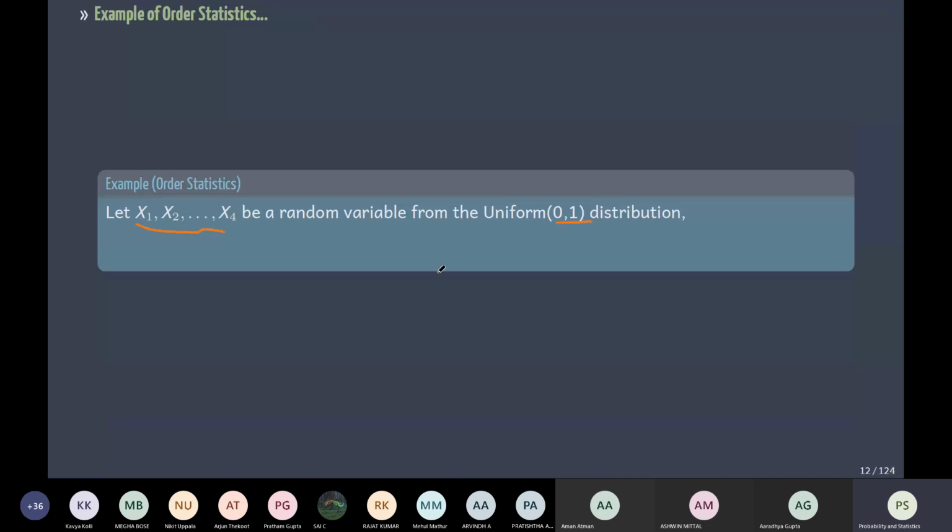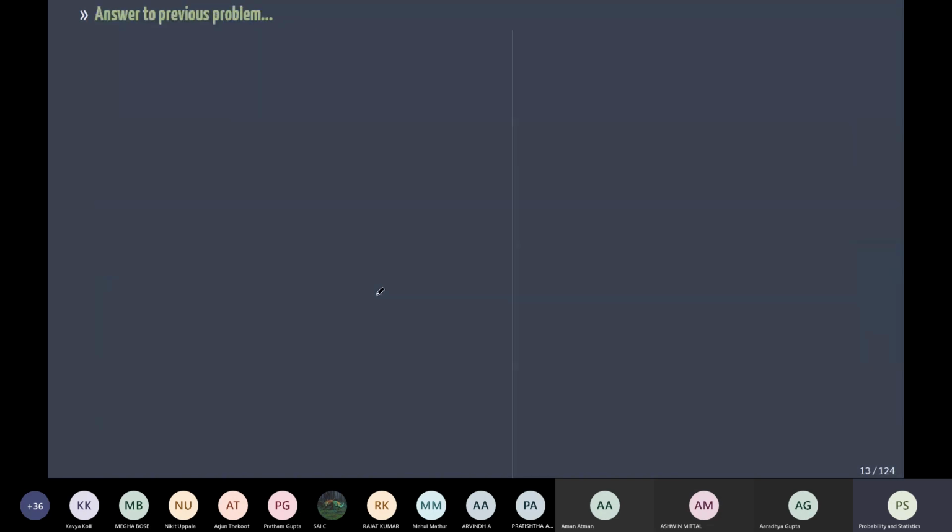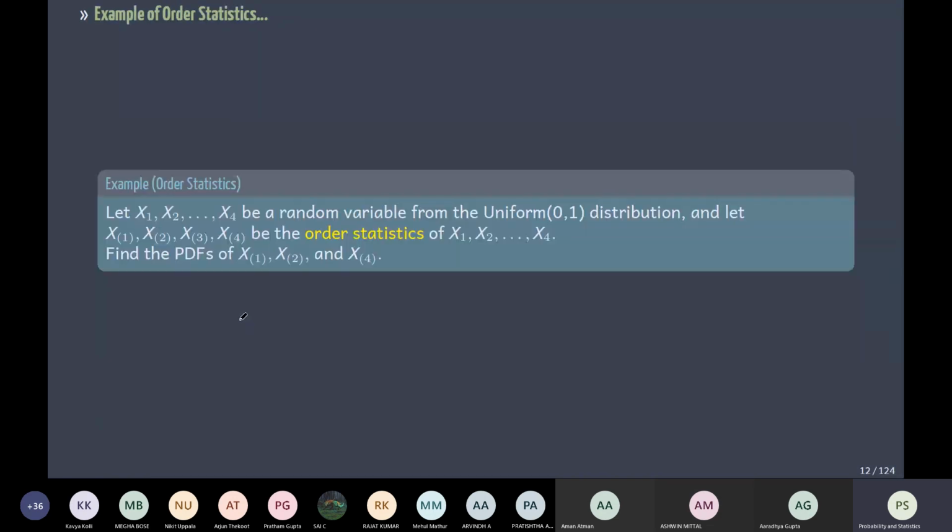For example, just for one example, let us say I want to do it for 2. The PDF of that, so I'm supposed to find the PDF.